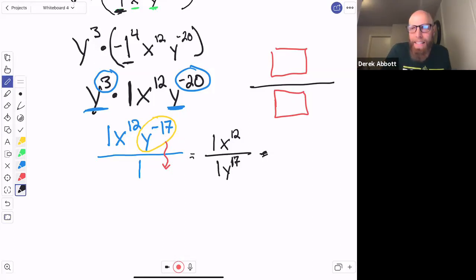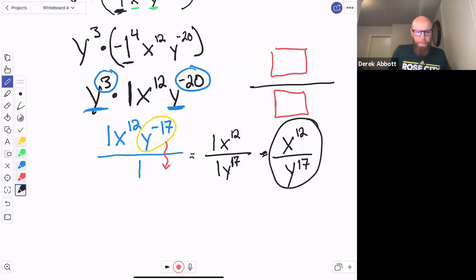We say x to the 12th instead of 2x to the 12th, which means that you got 2 of them. But this one, I just say I have 1x to the 12th. So it really gets simplified down to just looking like this as your final answer.